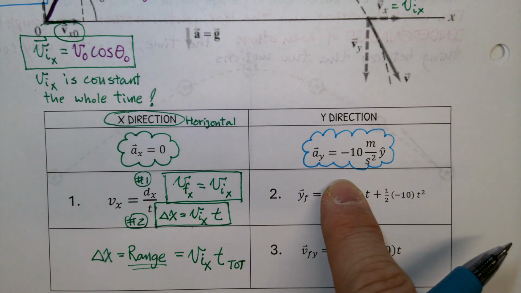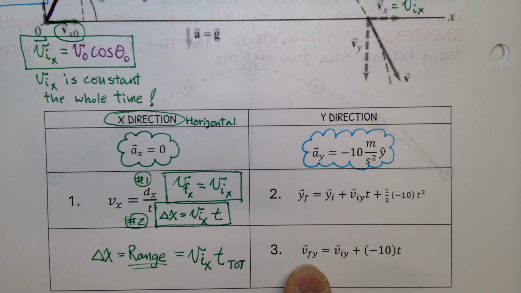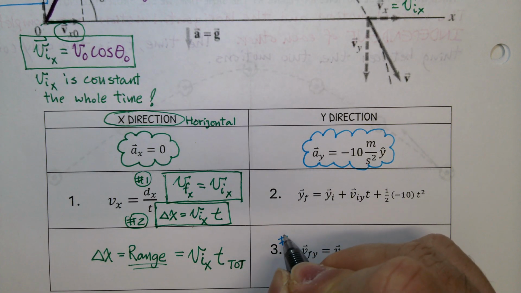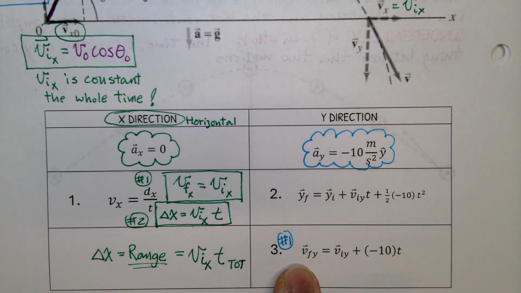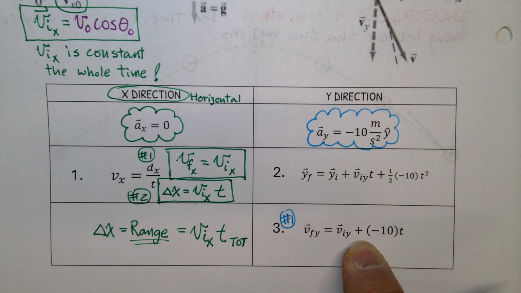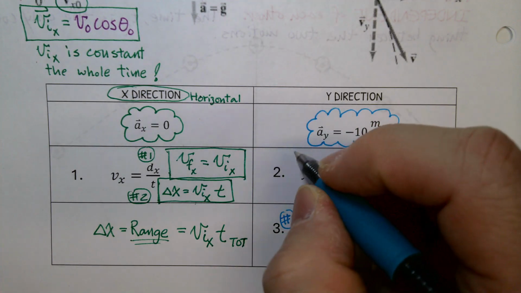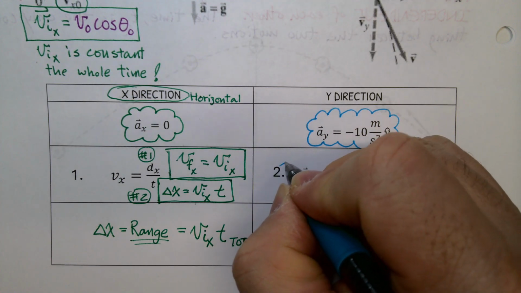So, because acceleration doesn't go away, your first equation, this is your equation 1, right? It's just basically Vfy is equal to Viy plus negative 10 times t. So this does not go away. And your second equation, this is equation number 2, right?